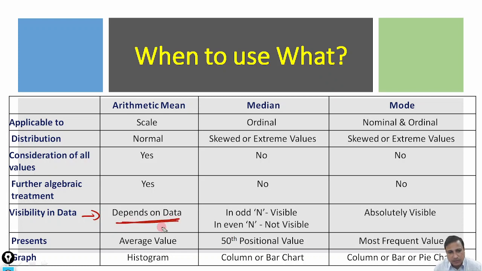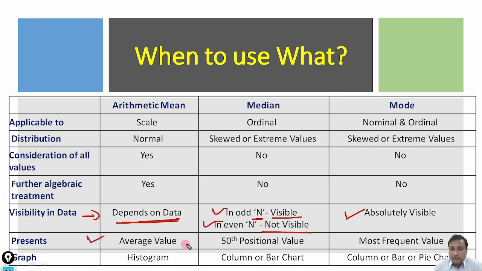Sometimes it is there, and sometimes it is not. If you have an odd number of observations, your median is visible in the data. If the number of observations is even, it is not visible. As far as mode is concerned, absolutely, mode is visible in your data. Its presence is there.